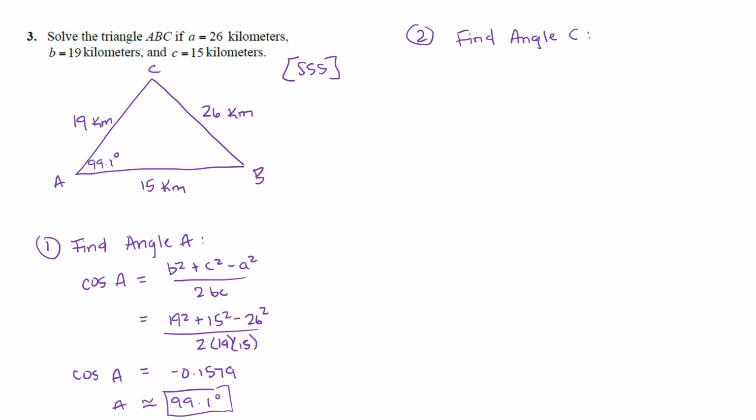So we know a complete ratio for side A and angle A, so we can use the law of sines to help us find angle C. So our ratio for A is 26 over the sine of 99.1. And then for C, we know the side, but we need to find the angle. So we can cross multiply.